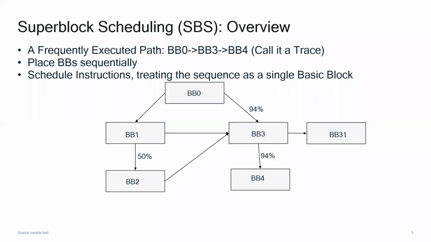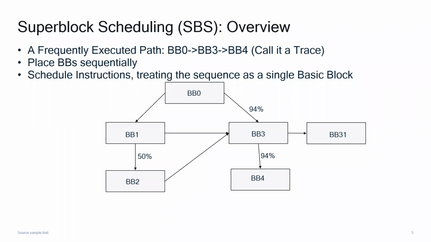So one person says BB0, BB3, BB4. Prajwal says BB4. Right. Thank you very much, sir. Yes, you're right. We will be most often taking the path BB0, BB3, BB4. That is the sequence that we will be taking most often.